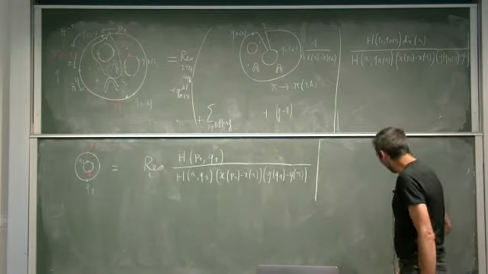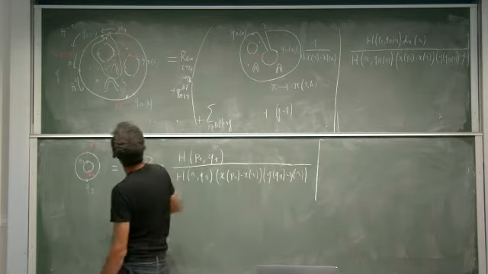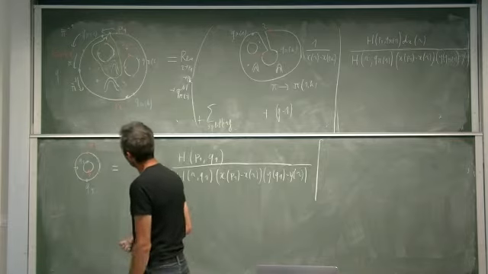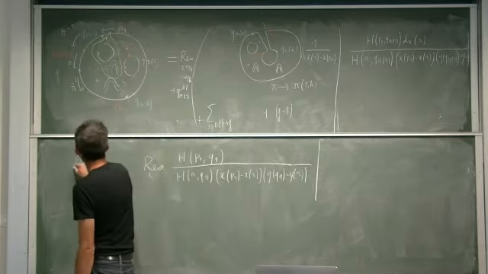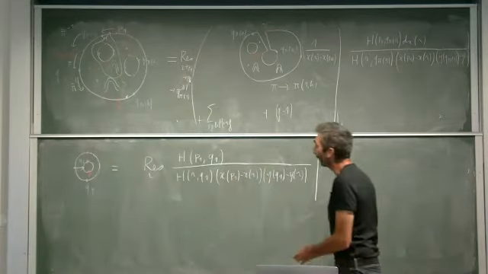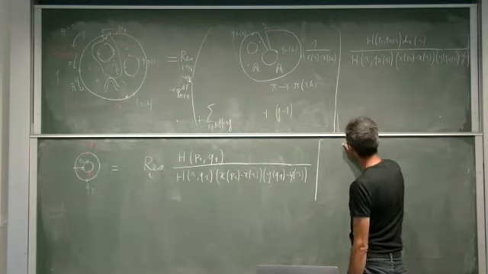So one possibility of cutting: we must start here, and we must end somewhere. So we must either end here. So I can cut there, and when you cut there, what you get is this generating function.